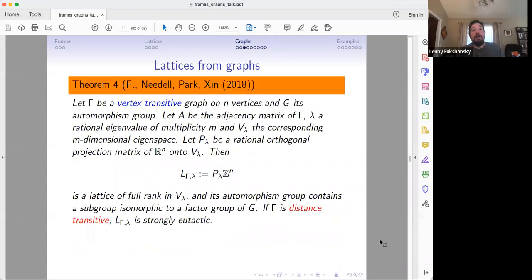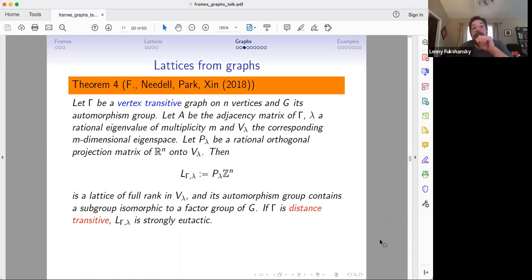And in fact, we have a result that looks like this. Let gamma be a vertex transitive graph on n vertices, and let G be its automorphism group. A is the adjacency matrix of gamma, and suppose lambda is a rational eigenvalue of multiplicity m. Then V sub lambda is the corresponding m-dimensional eigenspace.